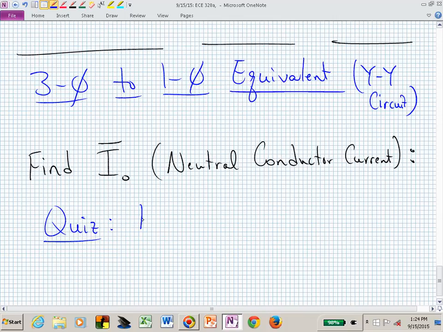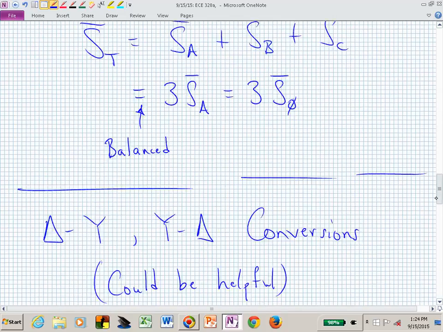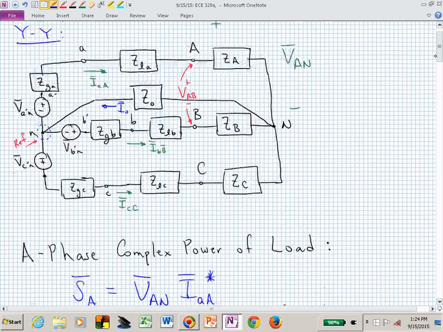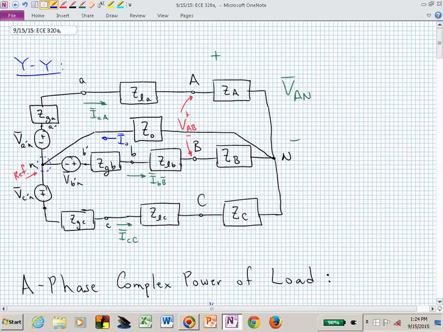I want you to write a KCL equation at node little n. And now I have to go find little n. There. There is a YY system. I'm now using little n as my reference. I want you to write a KCL equation at little n.